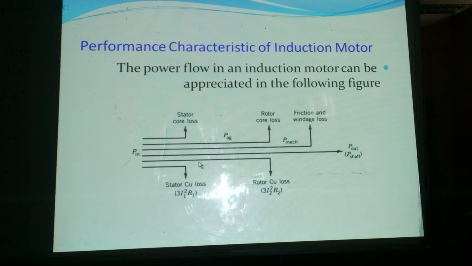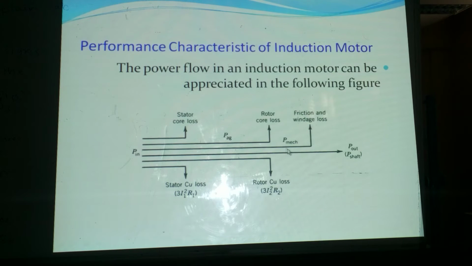Here we can see the power flow in a three-phase induction motor. Pin is the input power, which is given by 3 V phase, I phase, cos phi. We can calculate the air gap power by subtracting stator core losses and stator copper losses from the input power supply.